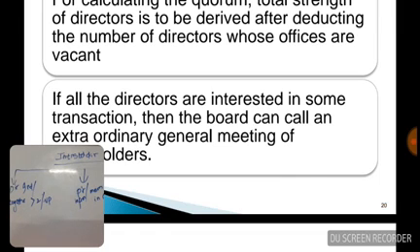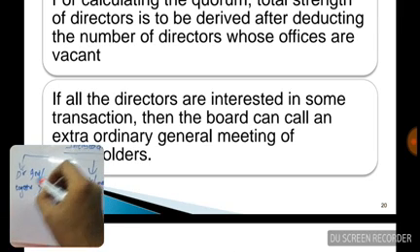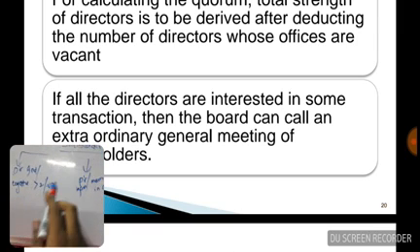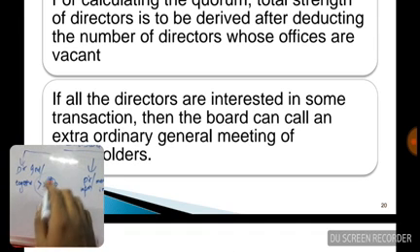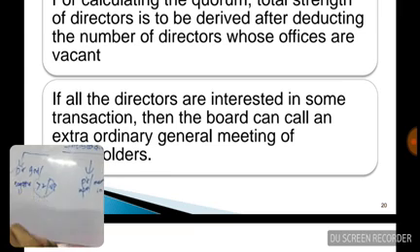In the same way, if the company enters into any transaction with these firms related to interested directors, there is a possibility that they can sell at high discounts. Or if they buy the products from those related companies, then there is a possibility that they can buy at huge prices.